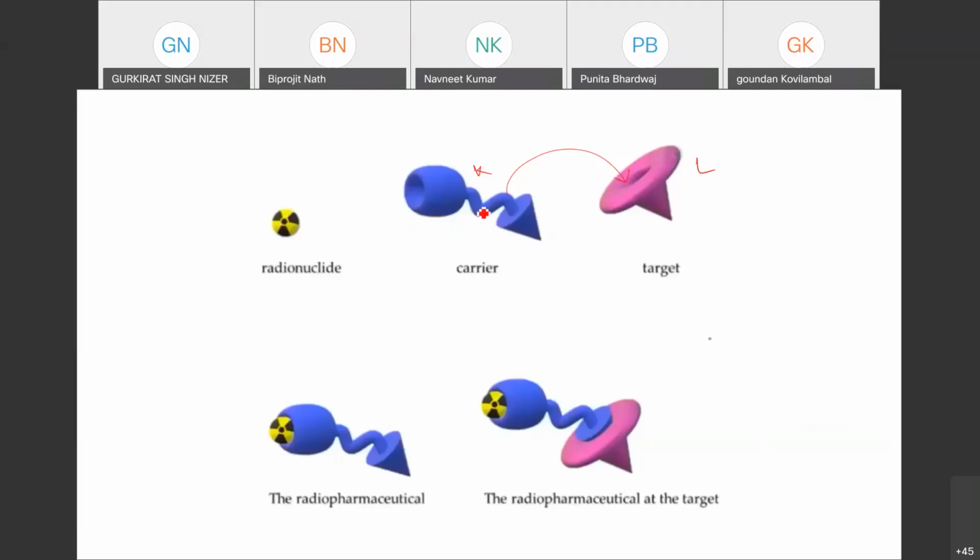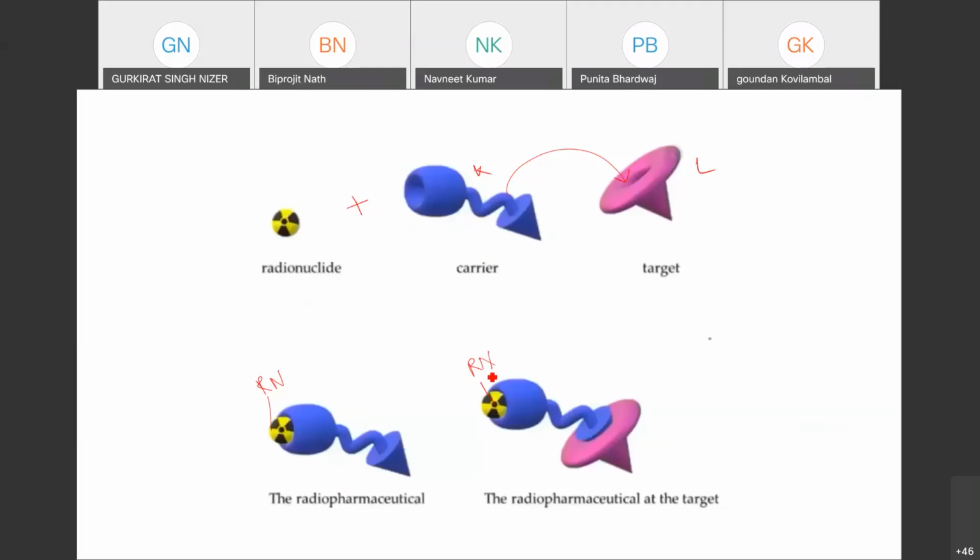So what we do in case of these conjugated radiopharmaceuticals, we have a radionuclide and we bind this radionuclide to this carrier molecule. Fine. And the carrier has a given affinity for this given target. So wherever the carrier goes, it takes the radionuclide with it. And once this carrier binds to the target, it has also the radionuclide.